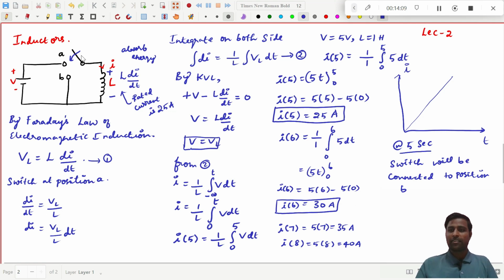What happens if we short circuit this inductor, we will see with the continuation of this lecture. Fine. If the inductor is short circuited, then what happens? This VL or this V becomes 0. And if V becomes 0, it is very interesting that di by dt also becomes 0, which means that the current in the inductor is not going to change. That I will explain.